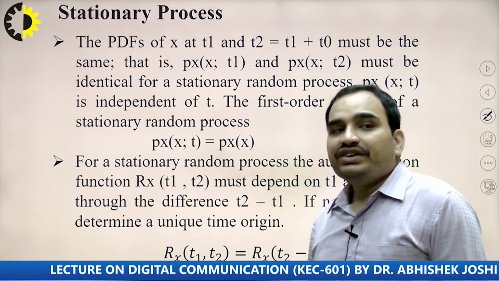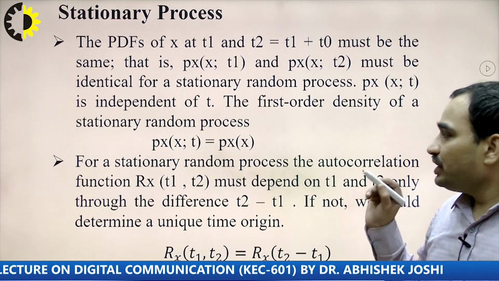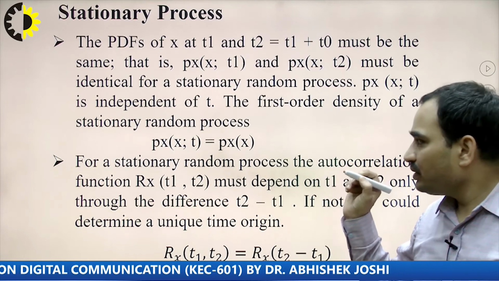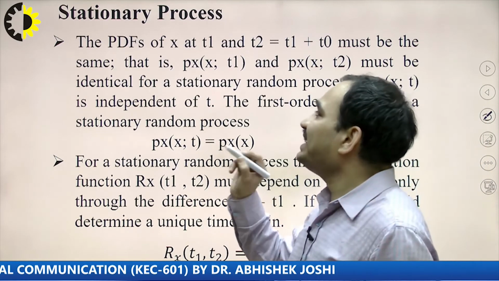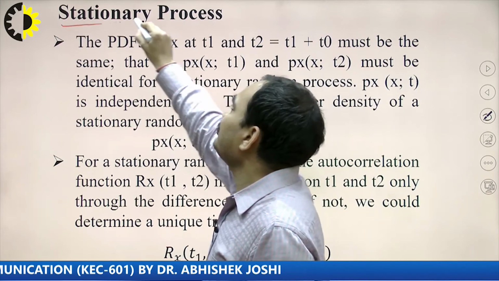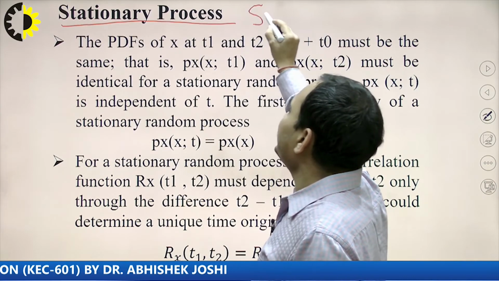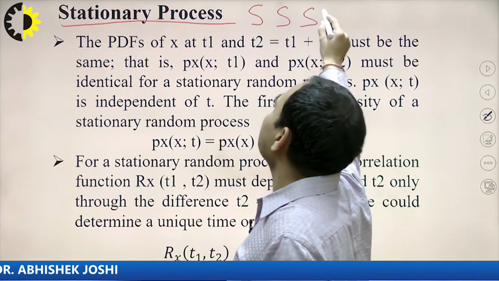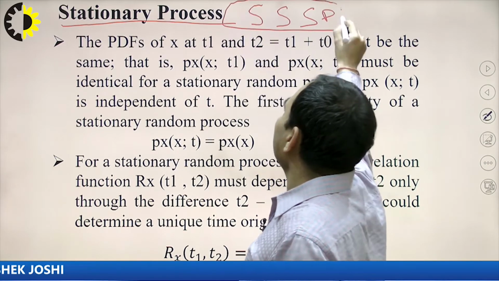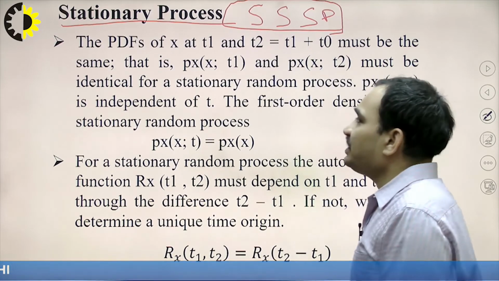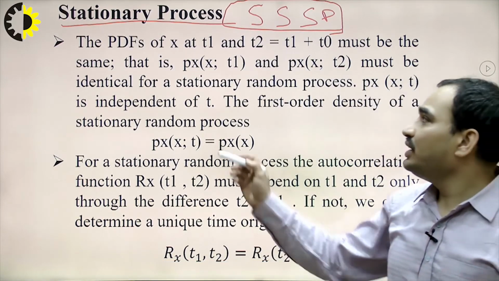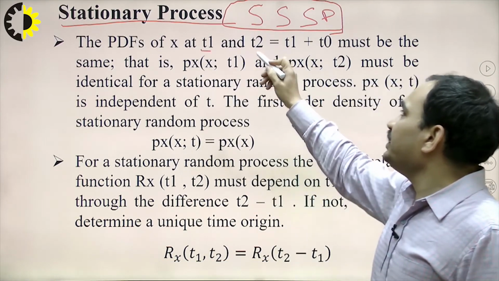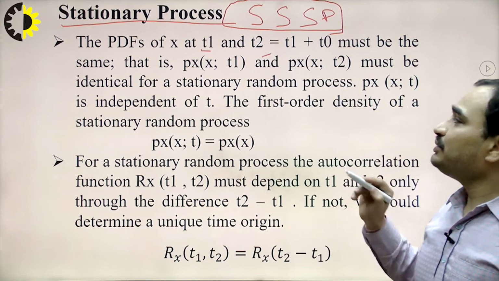So for the stationary process, we have to find the two important conditions for a strict sense stationary. Either we can call it a stationary process, or we can call it a strict sense stationary process, SSSP, strict sense stationary process. So for a strict sense stationary process, the PDF, if you are taking the two time instants t1 and t2, must be the same.